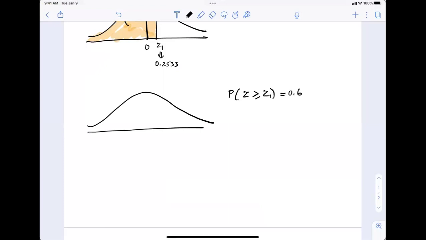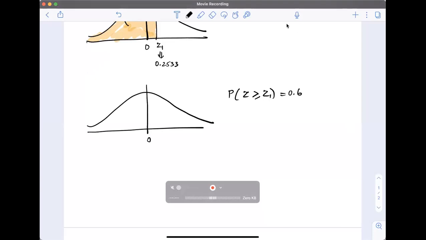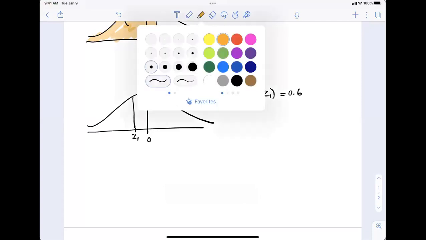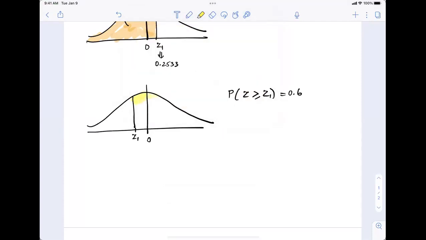Okay. So we have the mean here. And we essentially want to find a particular point Z1, maybe somewhere here, such that the area to its right is equal to 0.6.